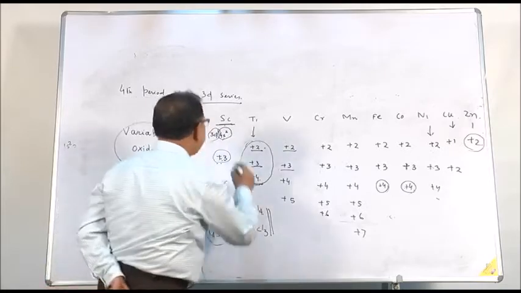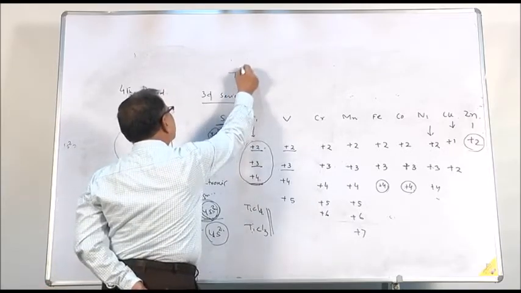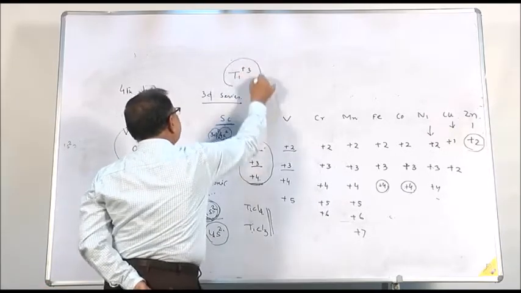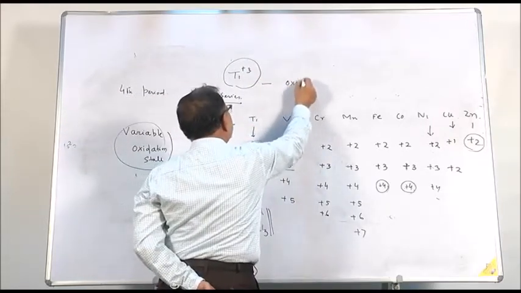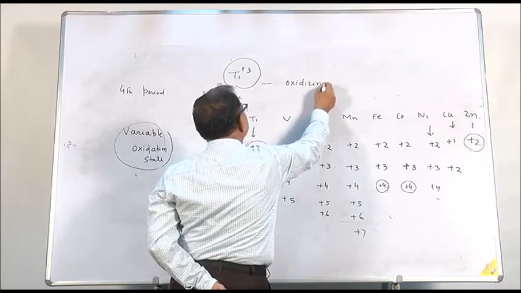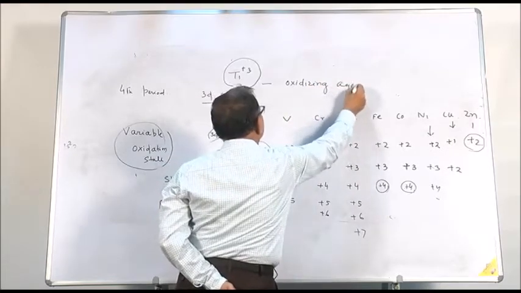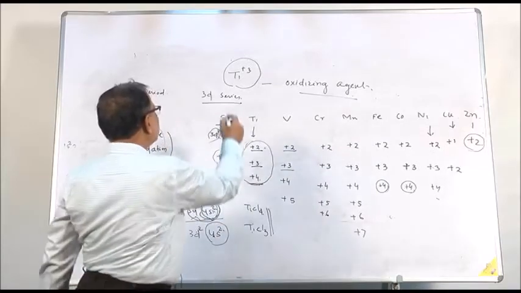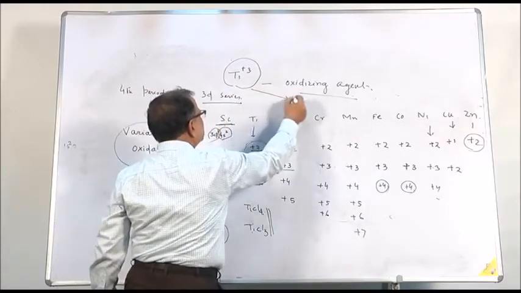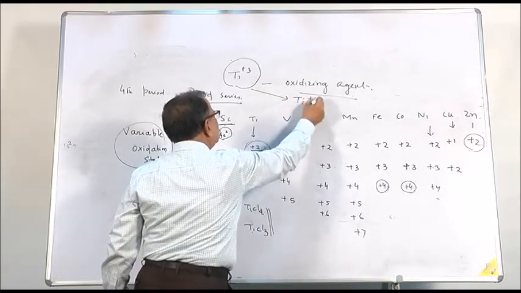Hence, is Ti +3 an oxidizing agent or a reducing agent? Ti +3 can convert to Ti +4.